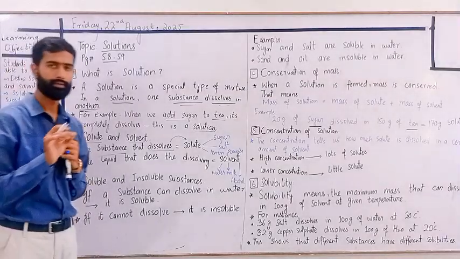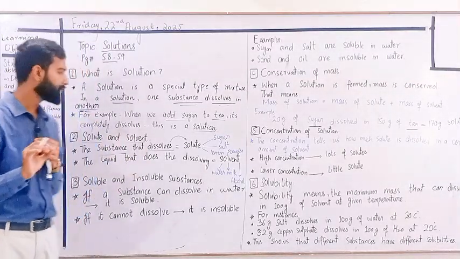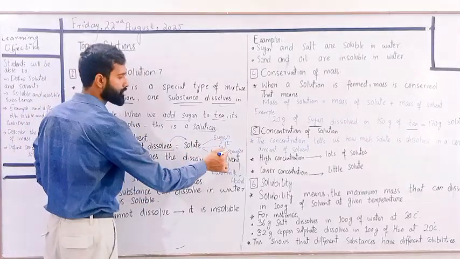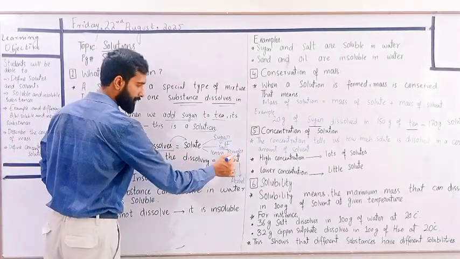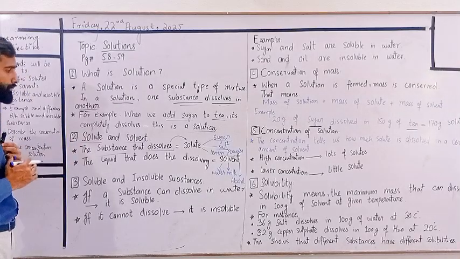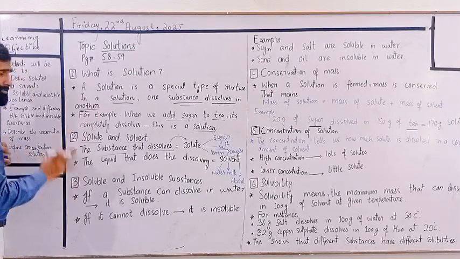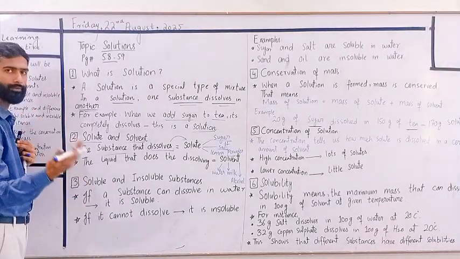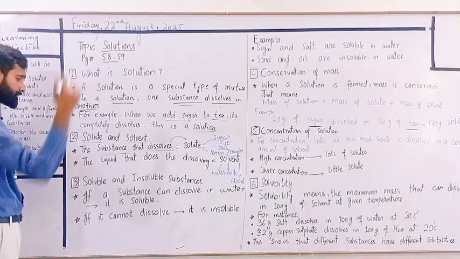For example, sugar is a solute, salt is a solute, lemon powder is a solute. So what is a solute? The substance that dissolves in something like water or milk.